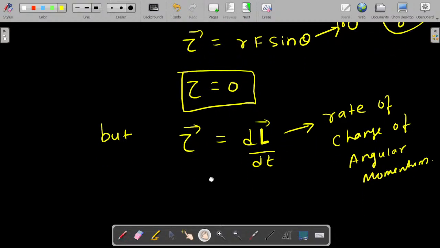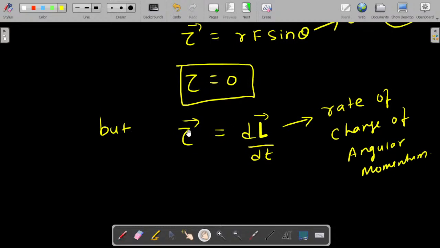Now you tell me, when torque becomes 0, it means the derivative of any constant is 0. We know this thing. It means torque becomes 0 only when L is constant, because the derivative of any constant is 0. So put here L is constant. That's why d by dt of constant is 0.